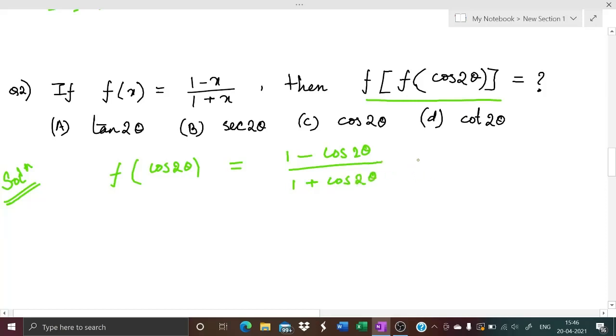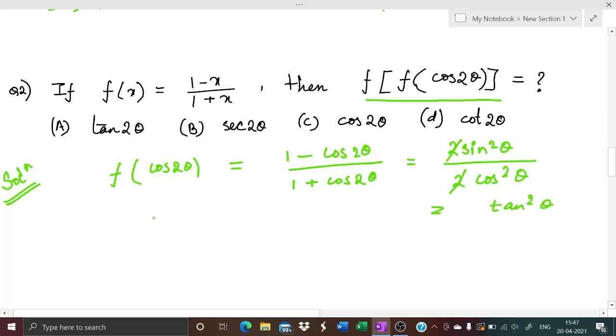Now if you know the basic trigonometrical transformation of multiple angles, 1 minus cos 2 theta is 2 sin square theta, and 1 plus cos 2 theta can be written as 2 cos square theta. So this is cancelled and this would be tan square theta.